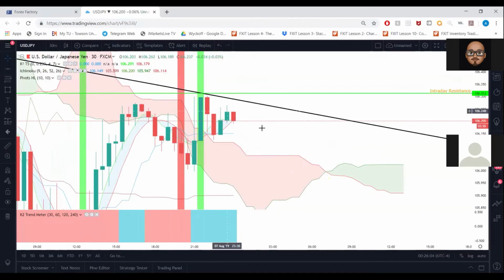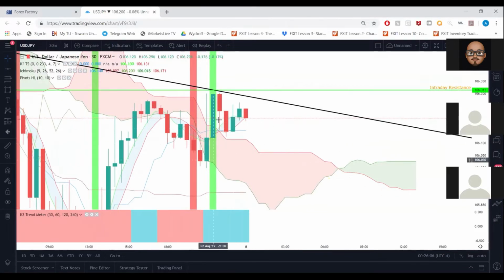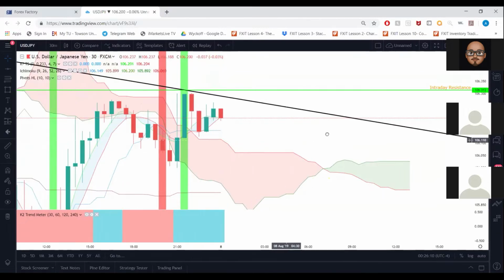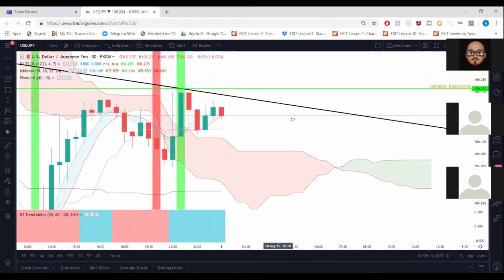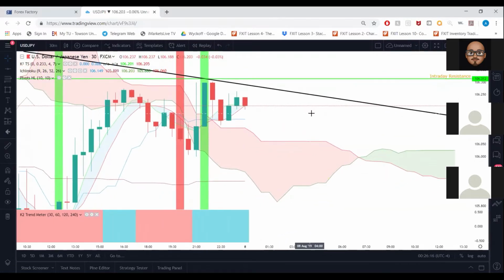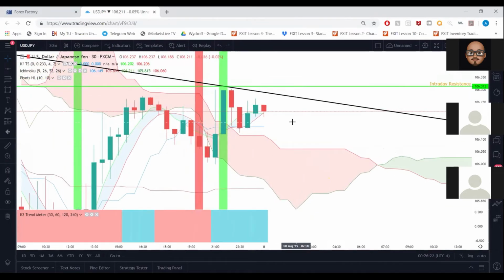But the reason he's holding is because, like Dave just mentioned as well, this was unexpected movement. There was no news, and it just pierced through the cloud. It was an awkward moment, especially for the Asian session, because there was no JPY news for this movement to be justified.